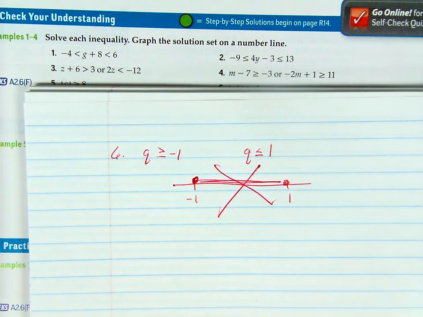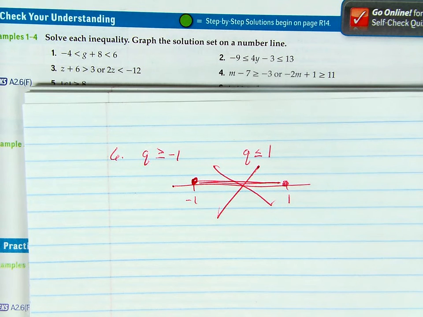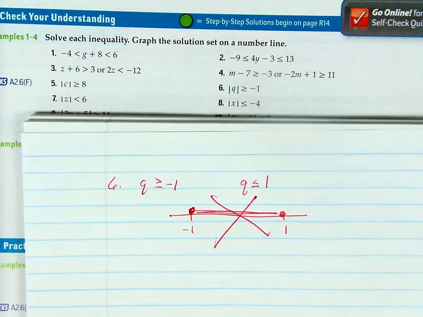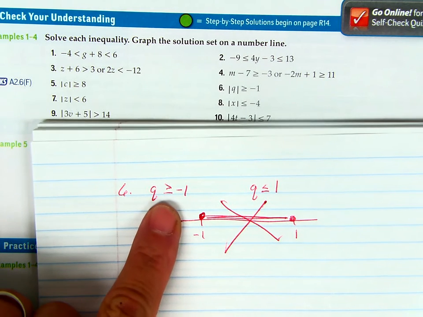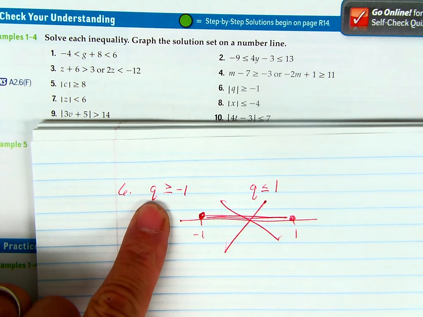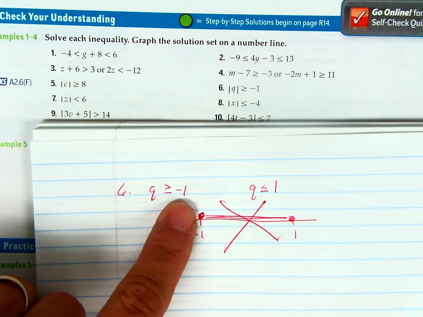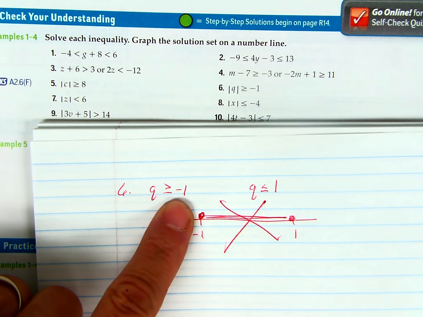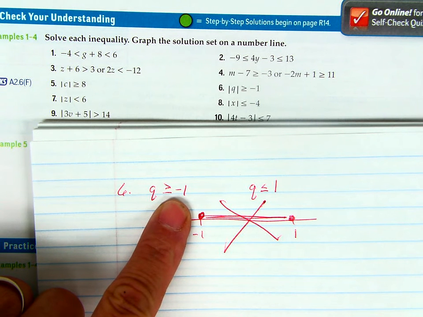Okay, the thing that I get from number 6 is only one number. So how would you take that out? I just showed you. Drop the absolute value signs and write it exactly the way that it looks without the absolute value symbols.